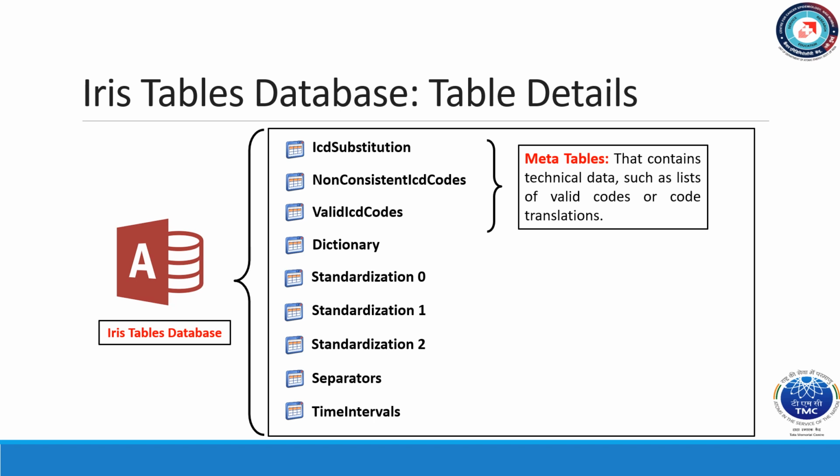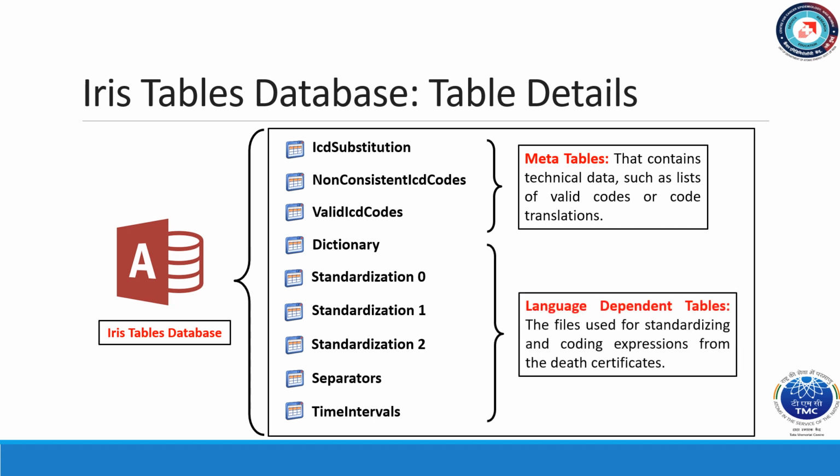Whereas the other 6 tables, namely the dictionary, standardization 0, standardization 1, standardization 2, separators, and time interval, are the language dependent tables used for developing dictionary for coding expressions from death certificates and standardizing them.